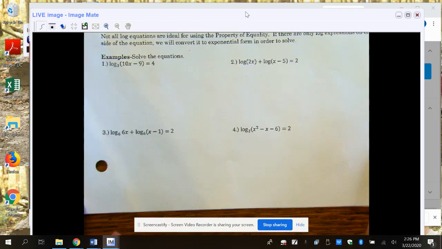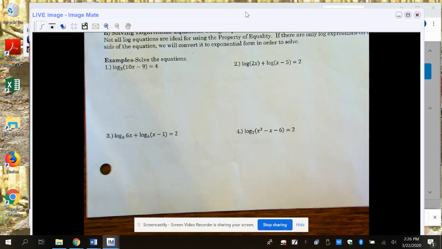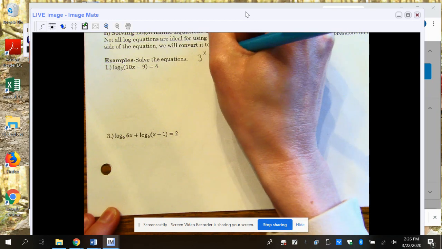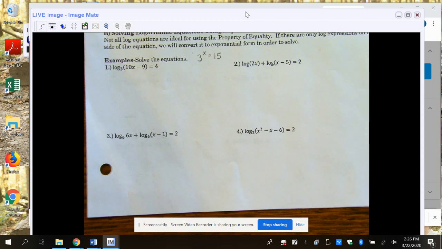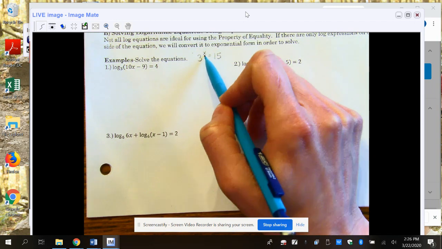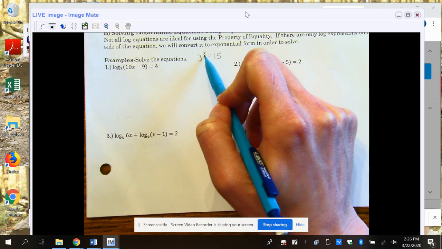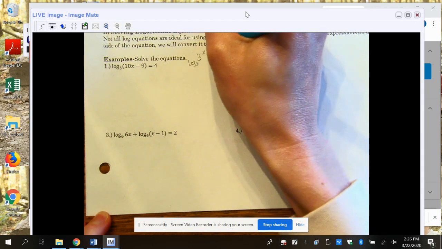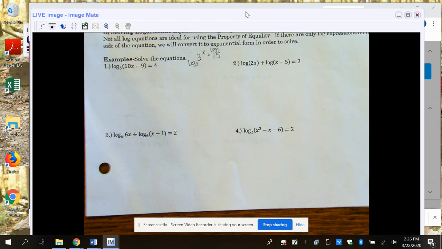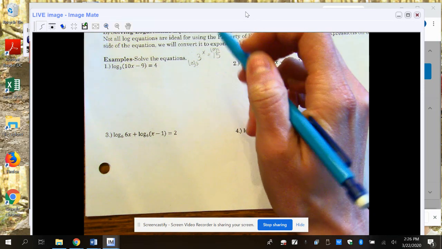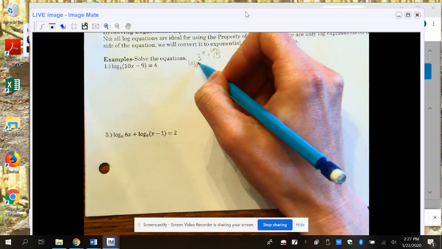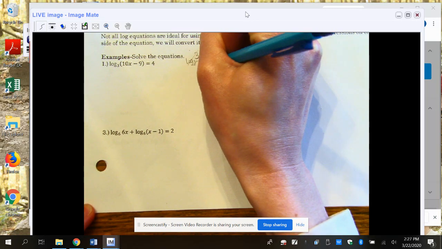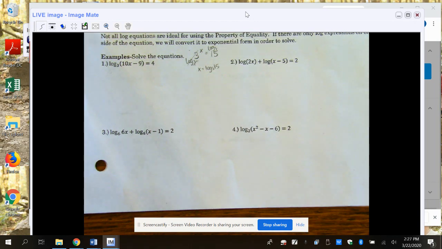To compare with what we did on Monday with solving exponentials, when we had 3 to the x equals 15, we said if we are trying to solve for this variable x, and right now it's the exponent with a base of 3, so if we take log base 3 of each side, then we can use that inverse property that says when the base of the log and the base of the exponent are the same, they cancel each other out, leaving you just with log base 3 of 15.